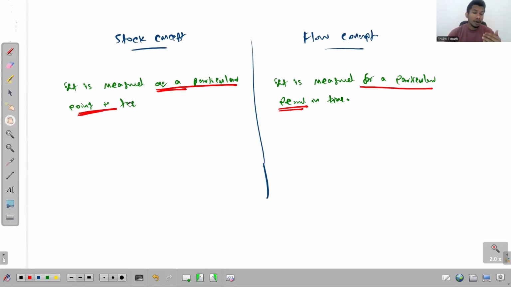Now think about accounting, if you do accounting. The statement of financial position, you just prepare as at 31st December in that given year.